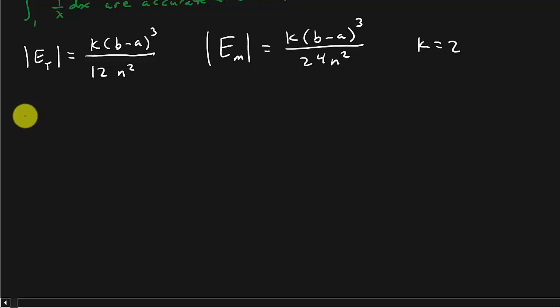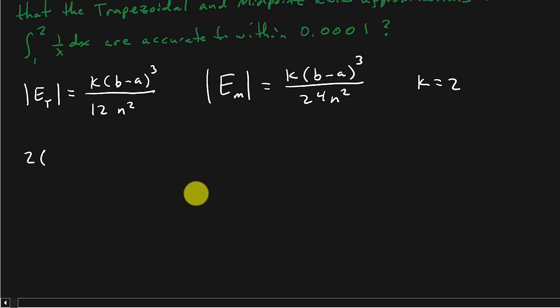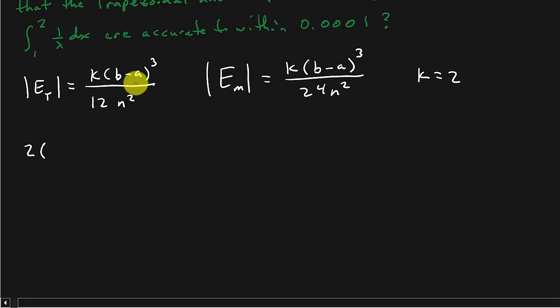So we have 2 times b minus a, that's 2 minus 1, which is 1, so that's 1 cubed over 12n squared. And what do we want? We want this error to be less than 0.0001 that we get from right here. So I plug everything in.